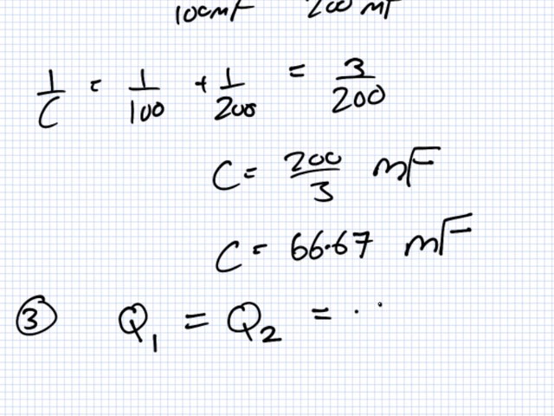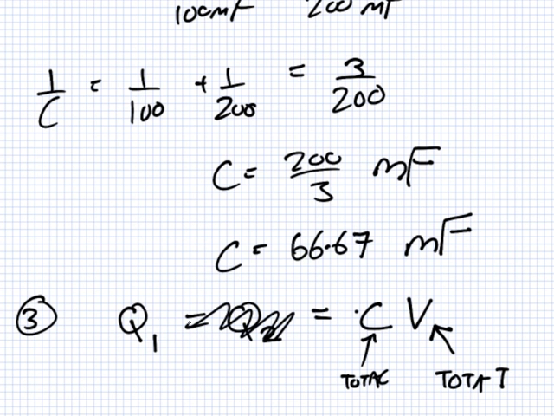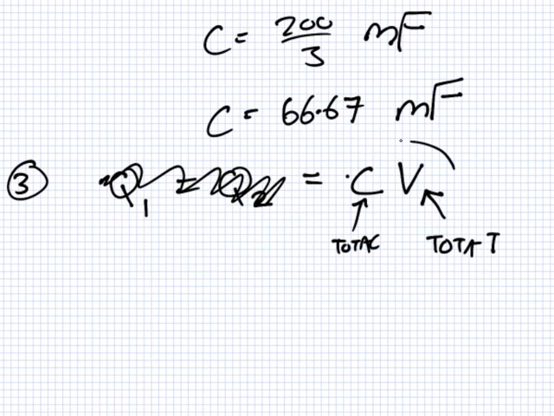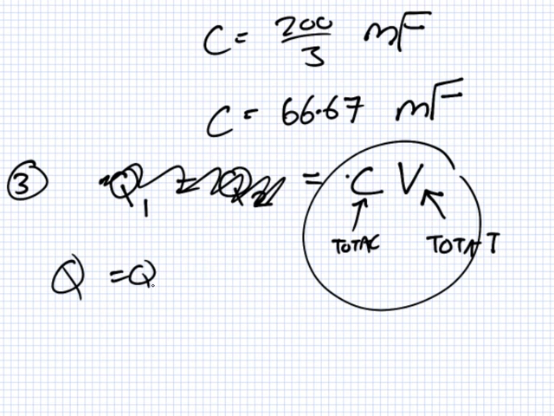If you're using CV, then the only V you know is the total V. So you should use here total C. So we don't know that they're equal. But then we remember, wait a second, if I know what the total is, I actually know what each of them are, because I know that Q equals Q1 equals Q2. So I can actually know all three at once by calculating the total.